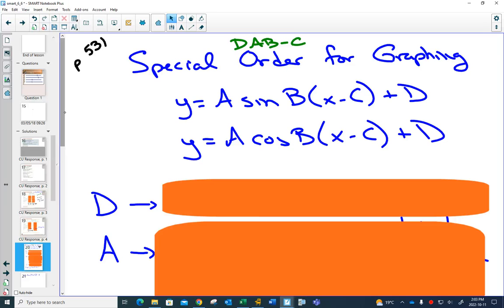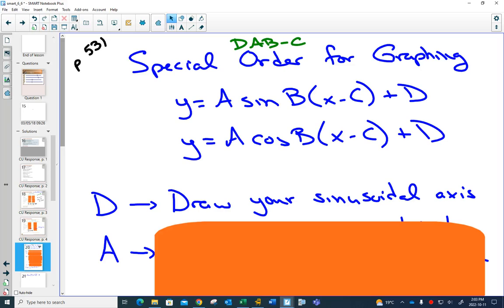So when I get you to graph this, the very first thing you're going to do is draw your center line with the dotted red line, draw your sinusoidal axis. So this method, the DABC method, is actually the order that you do it. You do the d value first.